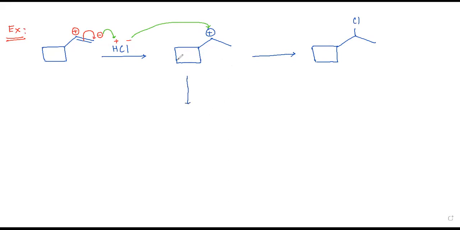Because this has an angle strain, the angle here is 90 degrees. We can of course overcome that strain going for ring expansion. Very interesting. Now look at this. Cut it here, go for this. Now here, the bond is between these two carbons.